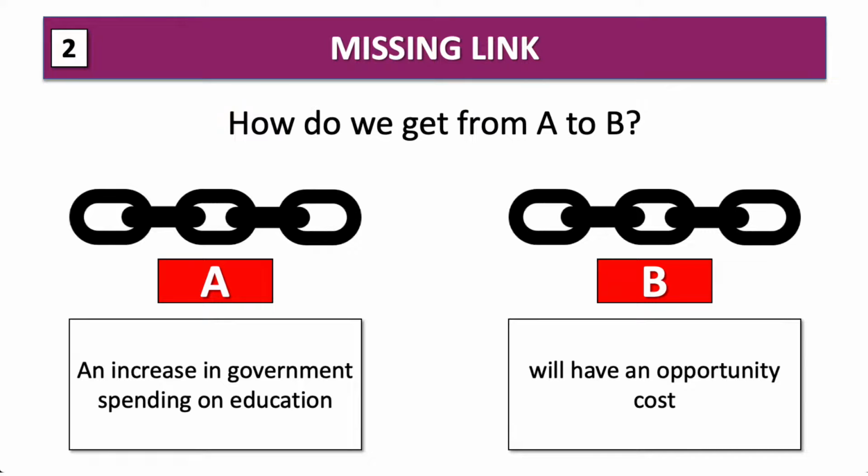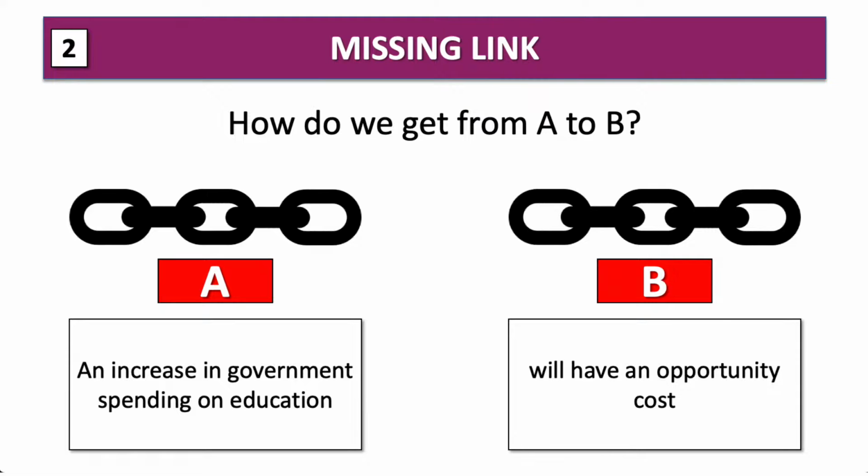So what is the link we need to add in here so we've got a complete chain of analysis, chain of explanation? An increase in government spending on education. Why will this mean we have an opportunity cost?